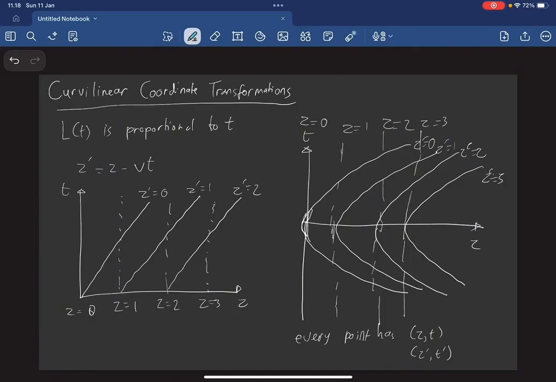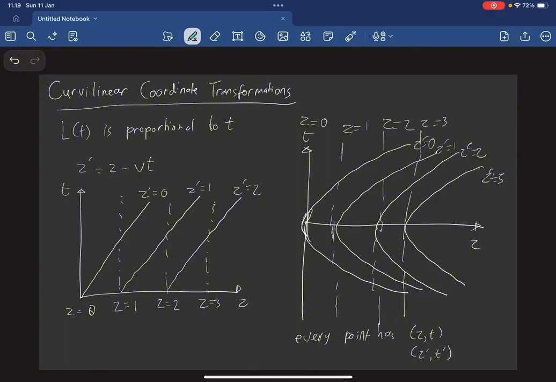What this figure illustrates is, not surprisingly, that straight lines in one frame are not straight lines in the other frame. They became curved lines. As regards the lines of fixed T or fixed T prime, they are of course the same horizontal straight lines in both frames. We haven't represented them.